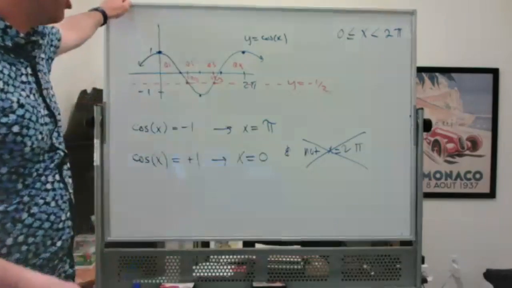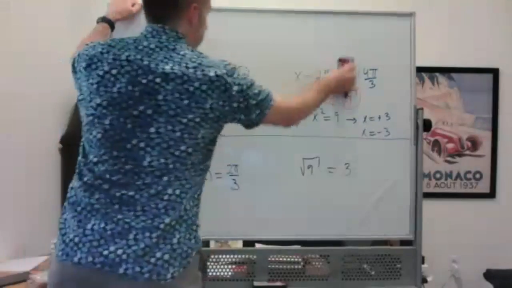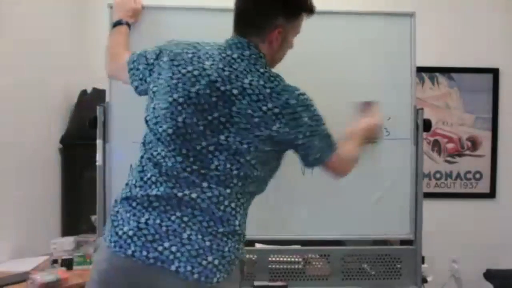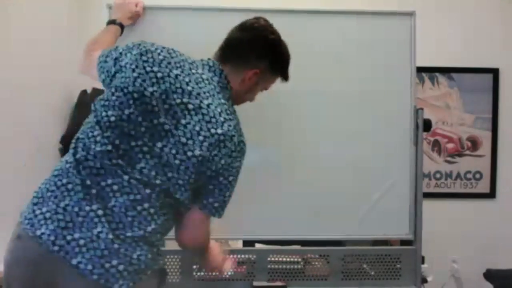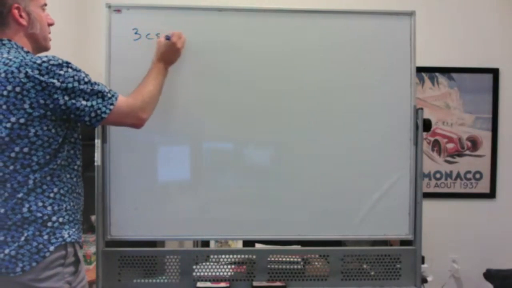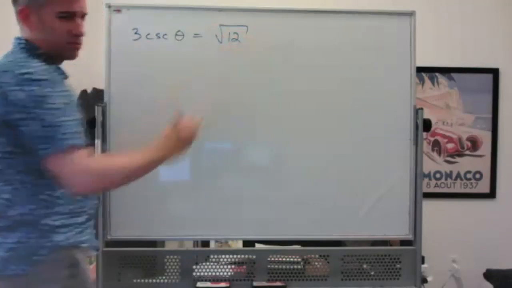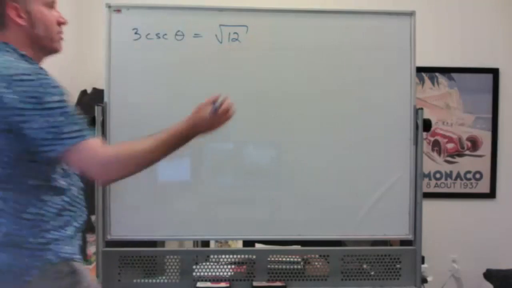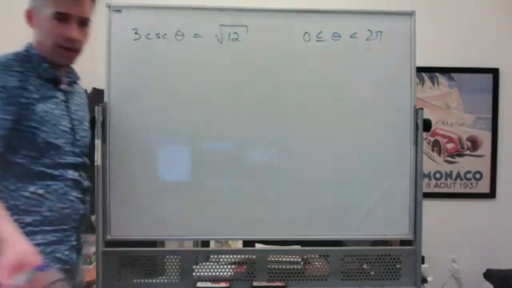Sometimes the hard part with solving these kinds of trigonometric equations isn't so much figuring out the angles, it's doing the arithmetic beforehand to get a value that looks familiar. So let's say I wanted to solve something like 3 cosecant of theta is equal to the square root of 12. And again, our angle should be between 0 and 2 pi. Well, it's pretty funky.